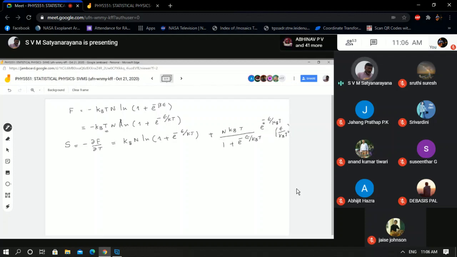Correct? There is a minus sign coming from here, then the derivative of 1 by T is minus 1 by T square, so that will cancel away. Okay, so this is the expression for the entropy.